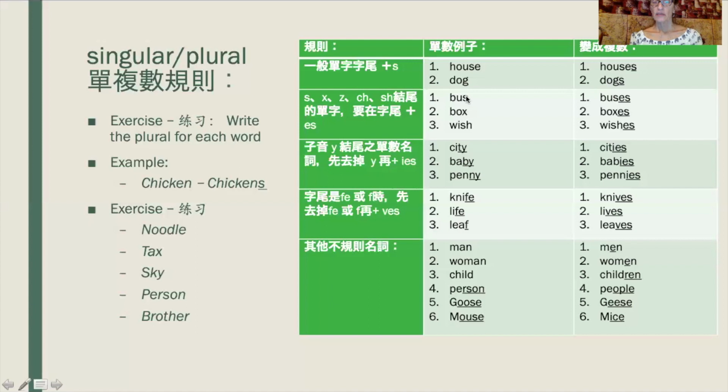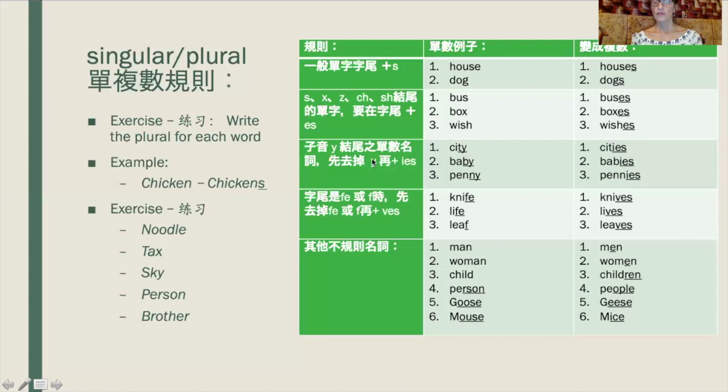In this case, these words are ending in these letters, S, X, and SH. But if it ends in Z, S, X, Z, CH, or SH, then you have to add ES. So you see here buses, boxes, wishes.